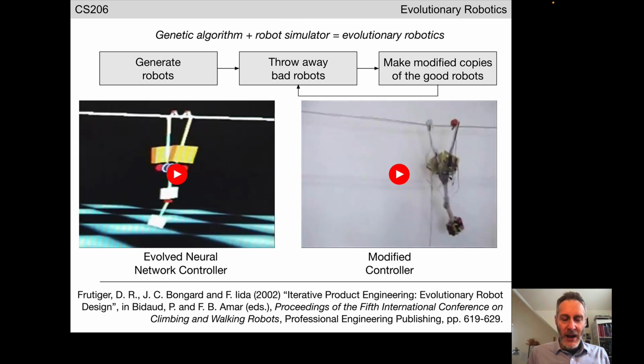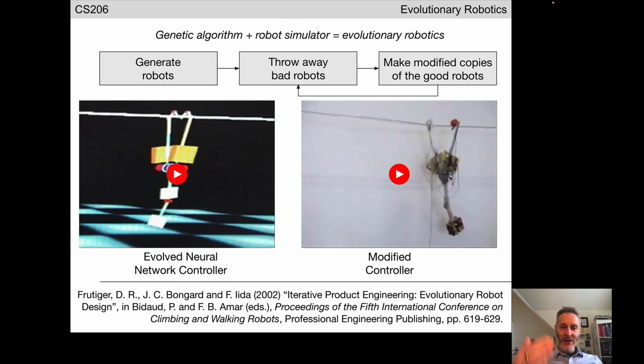Okay. Back in the early 1990s, people took a genetic algorithm and combined it with robotics, where now the robot is viewed as a candidate solution to a given problem. We want the snow to be shoveled from our driveway. That's the problem. A candidate solution would be a wheeled robot. Another candidate solution would be a legged robot, and so on.